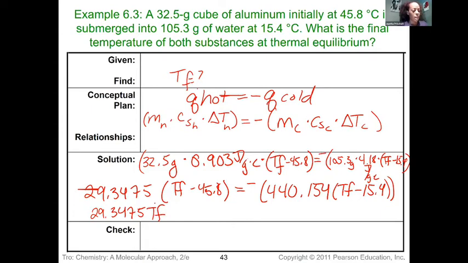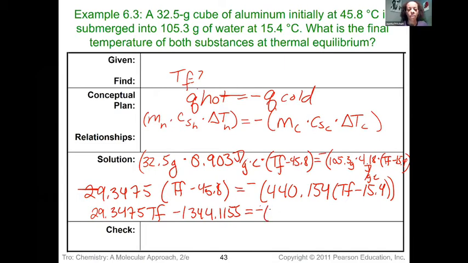And then we're going to take 29.3475 times 45.8, and that gets us negative 1344.1155, and set that equal to, again, distribute.